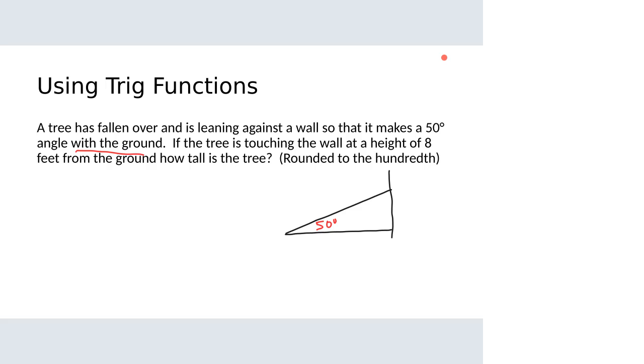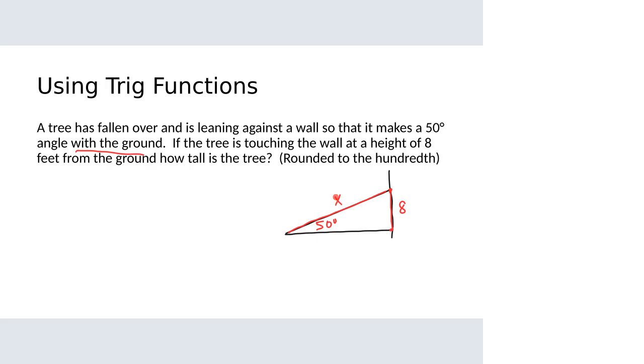If the tree is touching the wall, okay, here's where the tree is touching the wall, at a height of 8 feet from the ground. So from the ground to where the tree is touching the wall, that's 8 feet. And then the question is, how tall is the tree? So in other words, how long is this? Which we don't know.